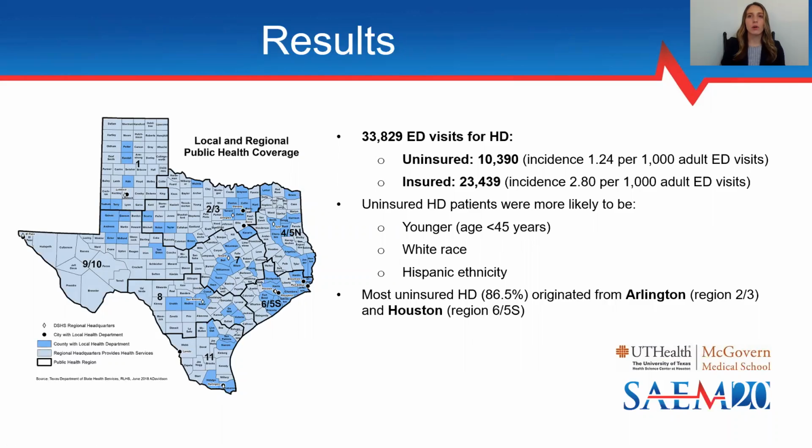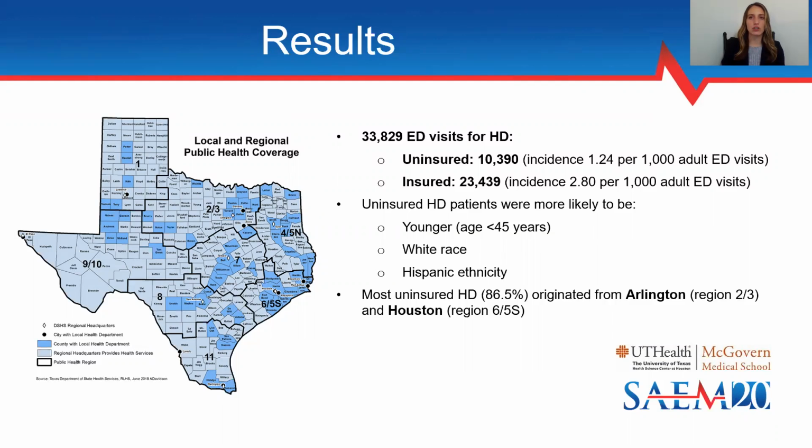In total, there were 33,829 ED visits associated with HD. 10,390 were uninsured, with an incidence of 1.24 per 1,000 adult ED visits. There were 23,439 insured visits for HD.